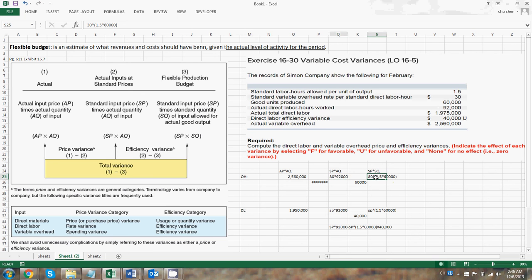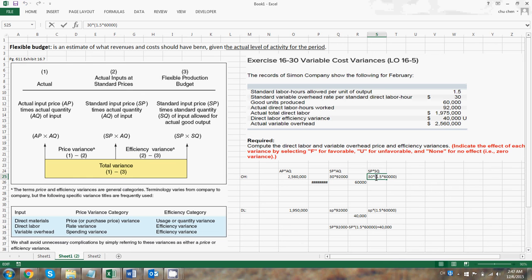All right, the tricky part is going to be the SP times SQ. Remember, for SP, we know it's 30. That's easy. Times SQ, which should be the standard quantity of input allowed for actual output.